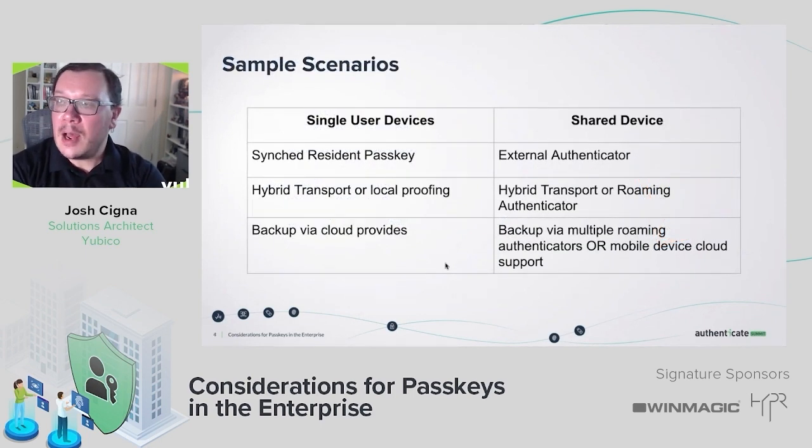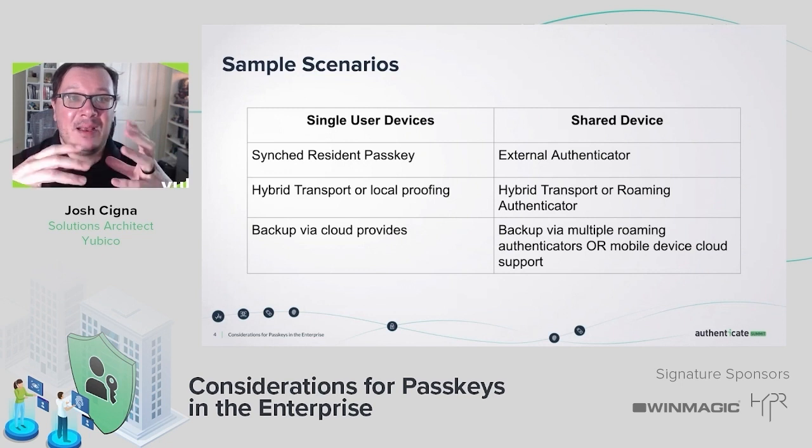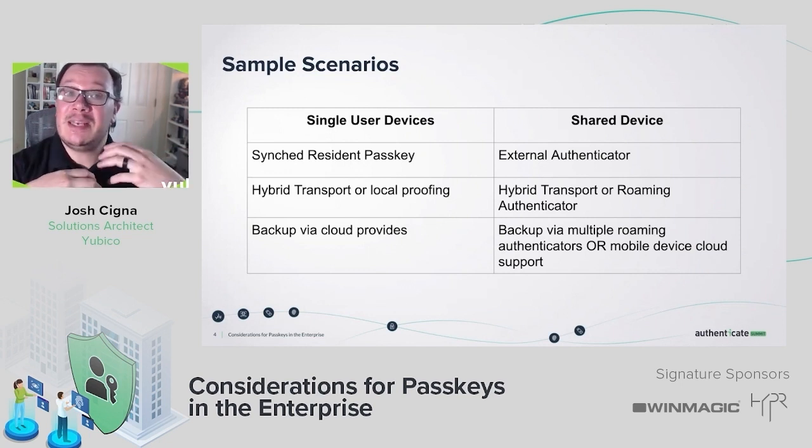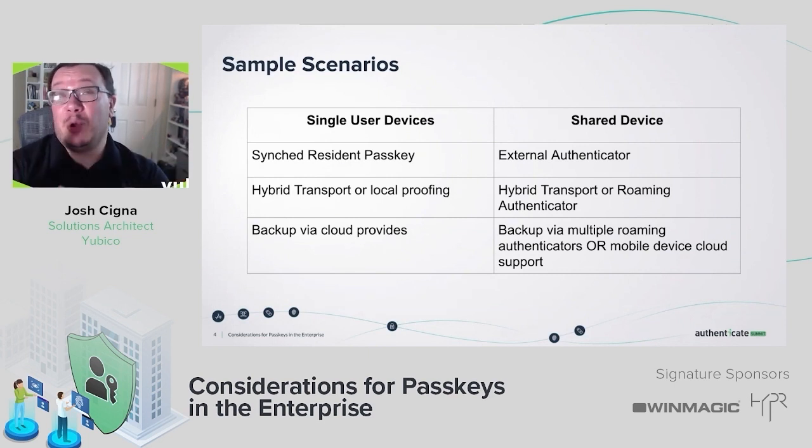So following up on that comment before about the different scenarios, we lay out in the documents some of the differences between two of the common patterns that we see: single user devices and shared devices. With single user devices, you can take advantage of things like synced resident passkeys that live on the device or in a password manager on the device. You can use hybrid transport for local, or you can do local proofing using the biometric sensor or the Face ID of the device itself.